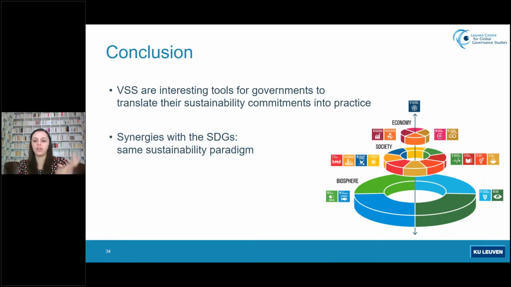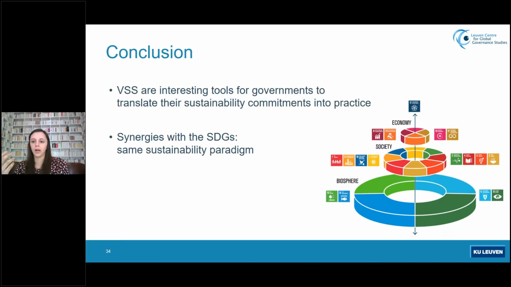More intuitively, VSS are linked to SDG 12 on sustainable consumption, because they aim to inform and encourage consumers to buy certified and sustainable products. But there are also a lot of other synergies between VSS and the SDGs.